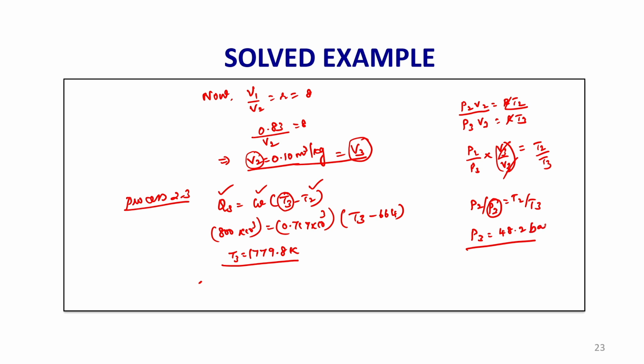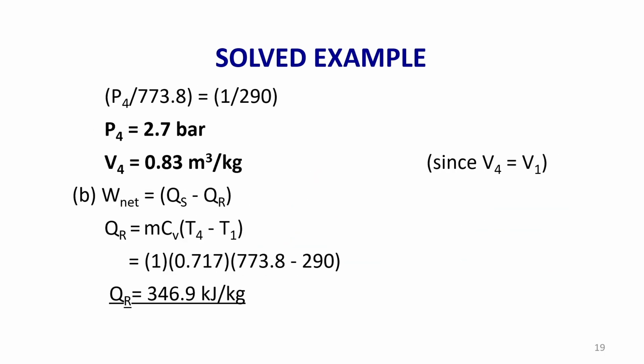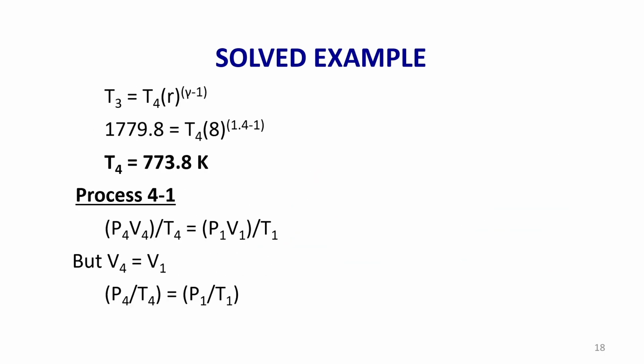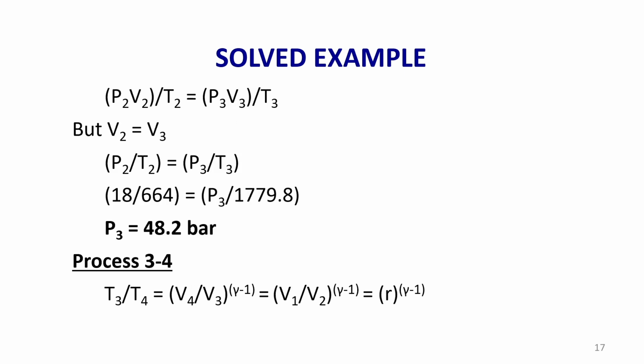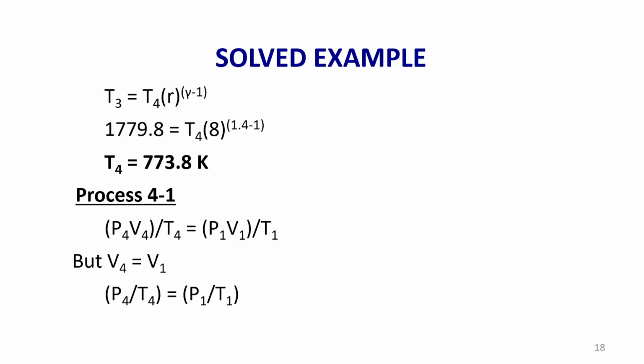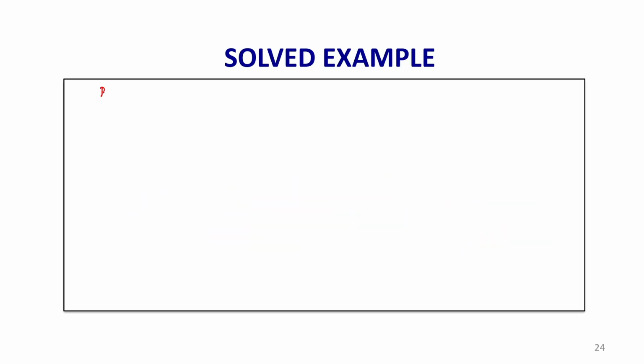So, at state point 3 also we have found pressure, temperature and volume. Now, let us go to process 4 to 1. Before that we will find the temperature at 4, so consider the process 3 to 4.